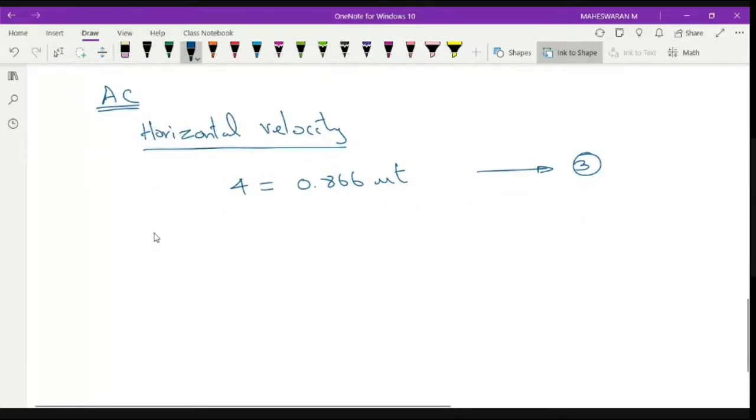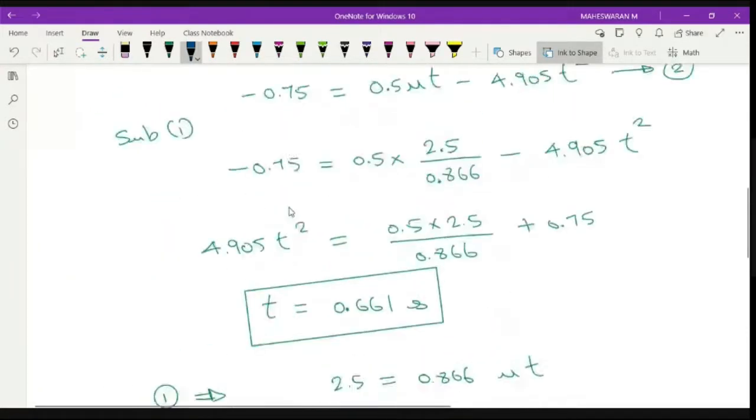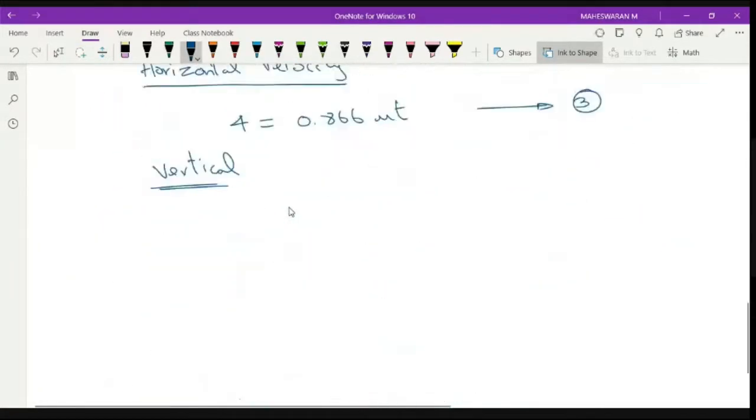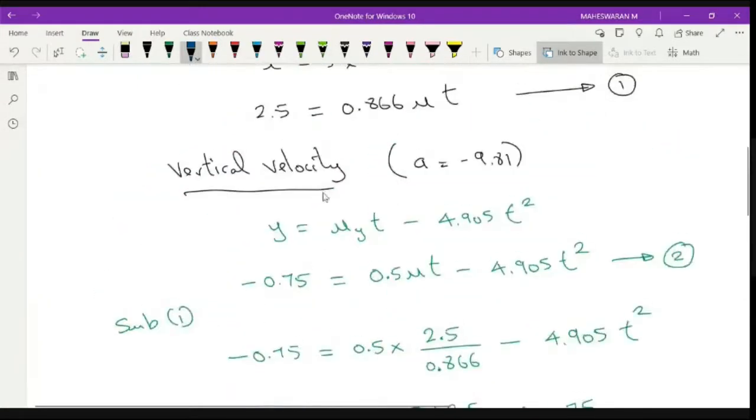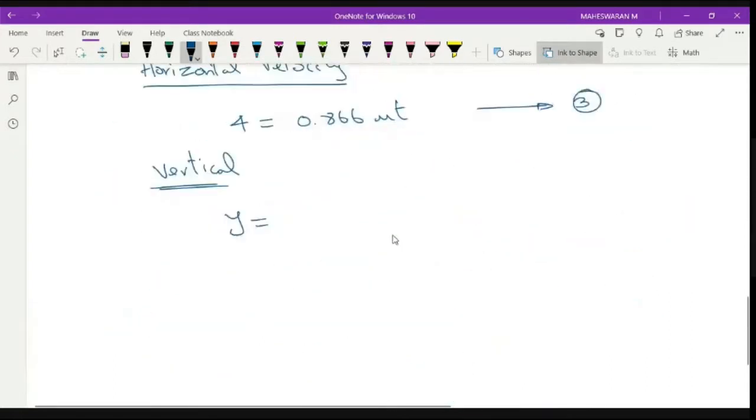Next, if I consider vertical velocities, you will get it in a different way. I will consider y is equal to uy t minus 4.905 t square.